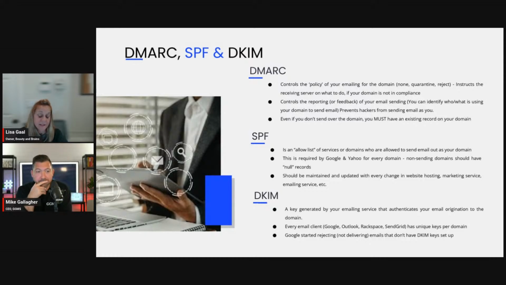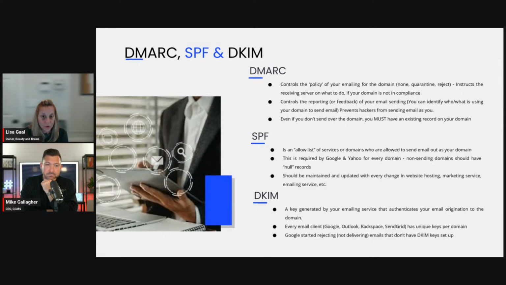And the DMARC policy, especially with your Sierra accounts, a lot of you might see DMARC none if you ever ask for your records. It's a very short record essentially, and it says none. Basically, that record exists to pass compliance with Google and Yahoo, but it's not doing anything.